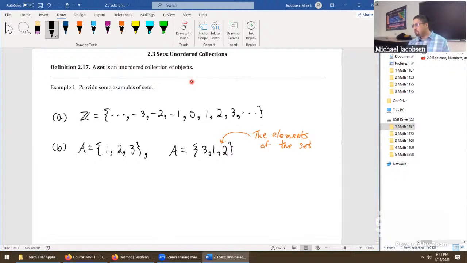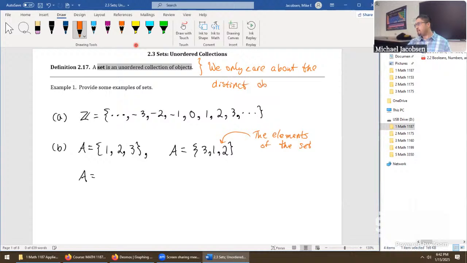Okay, well, here's another way to write out the set A. One thing that's a little bit niche about these sets is that it's an unordered collection of objects, but we only care about the distinct objects.